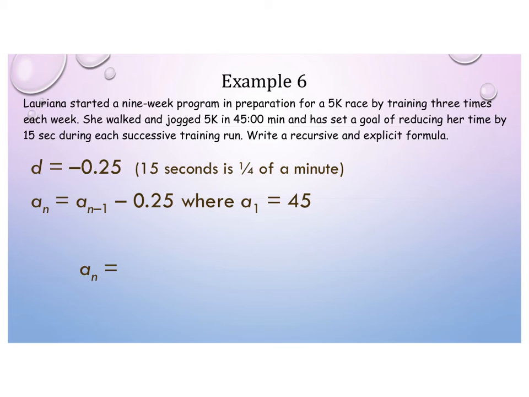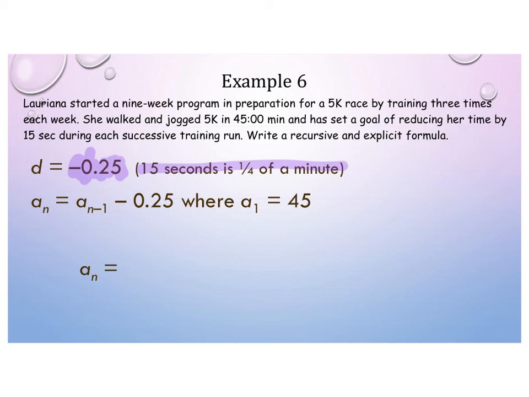Write a recursive and an explicit formula. Well, it's the previous term minus 15 seconds. Well, we use minus 0.25 because 15 seconds is 1/4 or 0.25 of a minute.